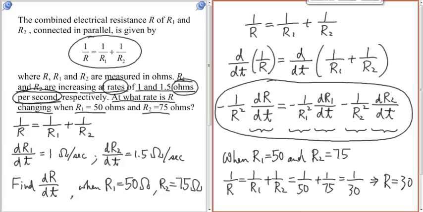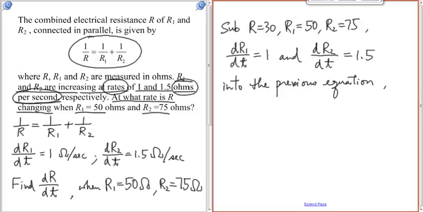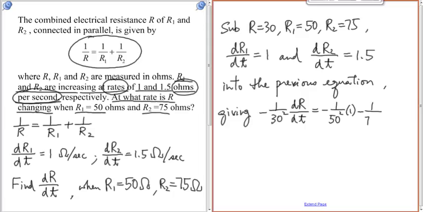So we will have negative 1 over 30 squared times dR by dt equals negative 1 over 50 squared times 1 minus 1 over 75 squared times 1.5.